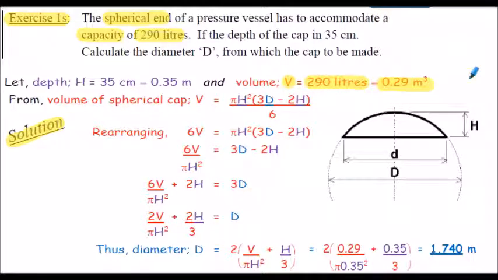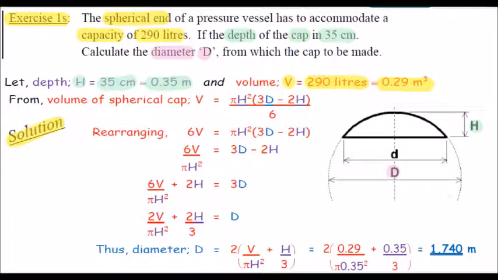Remember, there are 1,000 litres in 1 meters cubed, and the depth or the height of the cap is 35 centimeters. So the depth h here, shown here on the sketch, is 35 centimeters, and divided by 100, that's 0.35 meters. Remember, there are 100 centimeters in 1 meter. The question wants us to calculate the diameter capital D, and that's shown here in the sketch.